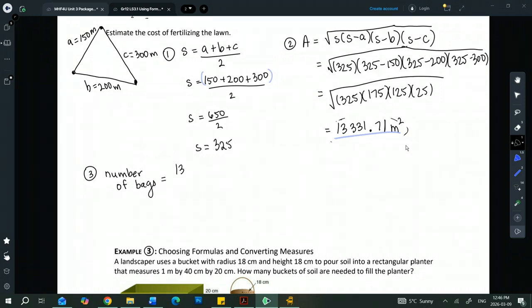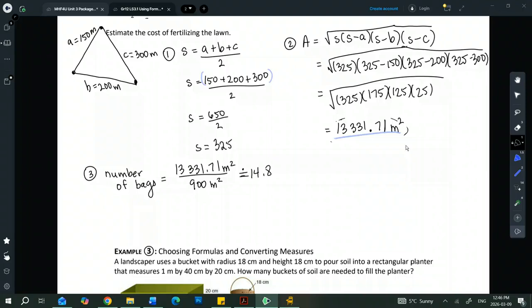So I'm just going to do 13,331.71 divided by 900. This will be meters squared for both of these. And you can even just keep the answer that you had in your calculator if you still have it. Okay, so this rounds to about 14.8.